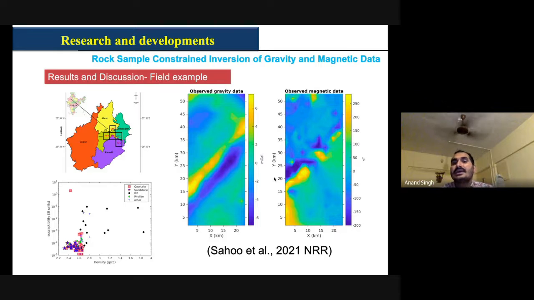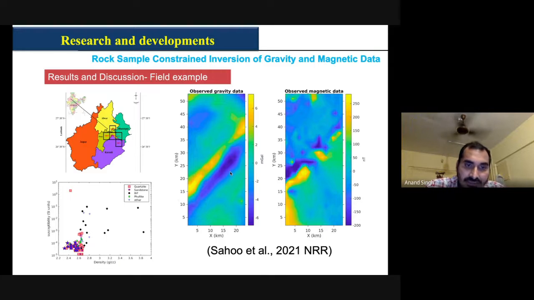So we collected magnetic data over here, and here we collected the gravity data. The important point is, can we make our model such that we get some qualitative images apart from this data?